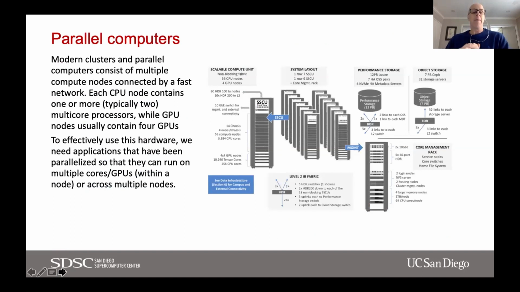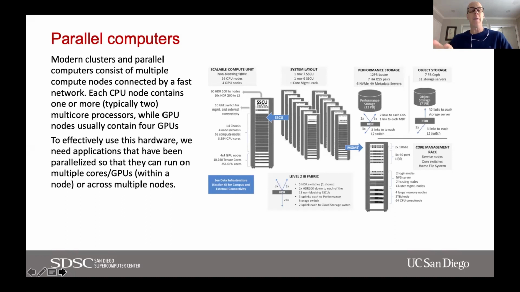Now, parallel computers, I'm sure a lot of you are familiar with this already, but modern clusters and parallel computers consist of multiple compute nodes connected by a fast network. The hardware that goes into these nodes is probably familiar to you already. It's the CPUs and the GPUs that you may have in your desktop or laptop system. Typically, each of these CPU nodes is going to contain one or more, typically 2, multi-core processors, and the GPU nodes will usually contain 4.